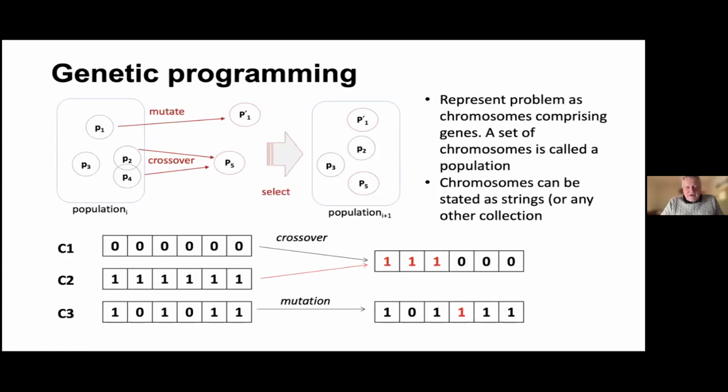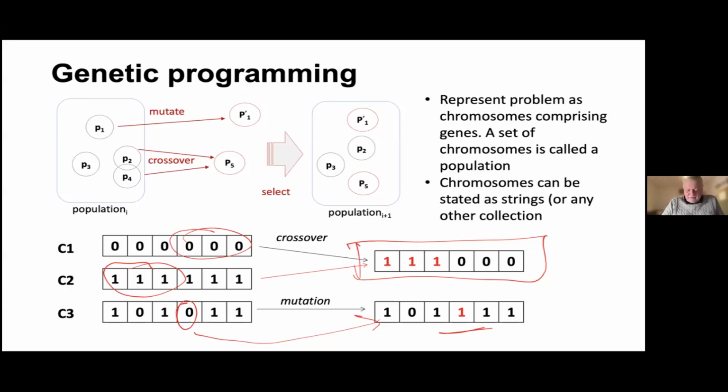Mutation and crossover, I don't think that I need to define here. Crossover means that we take some parts from one chromosome and other parts from another one, and then generate a new element of the population. Mutation means that we change only maybe one part of the chromosome.